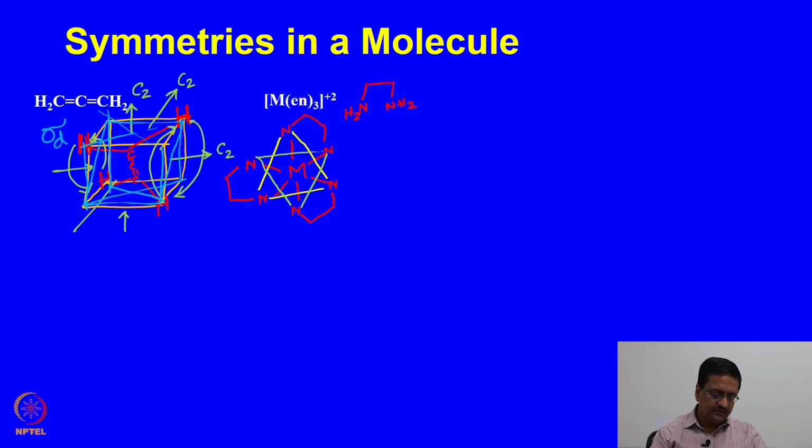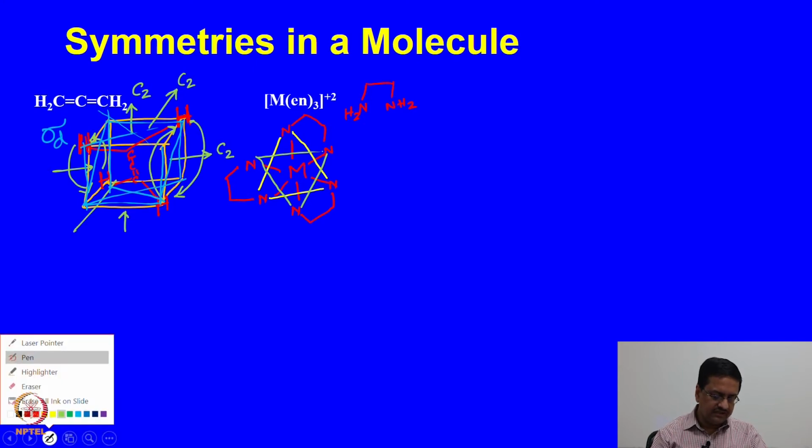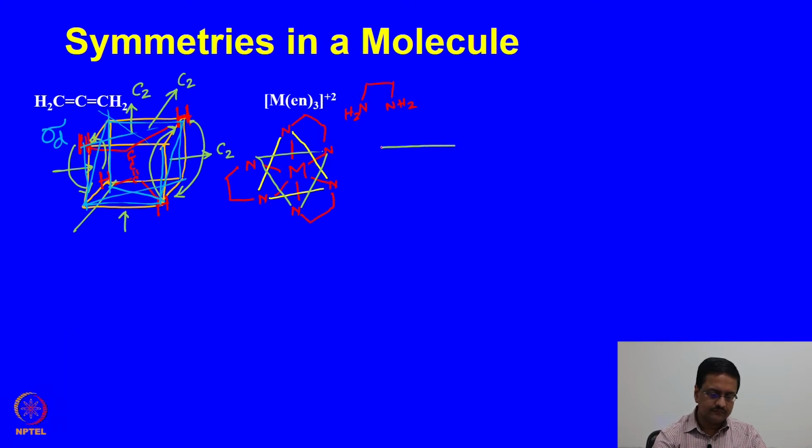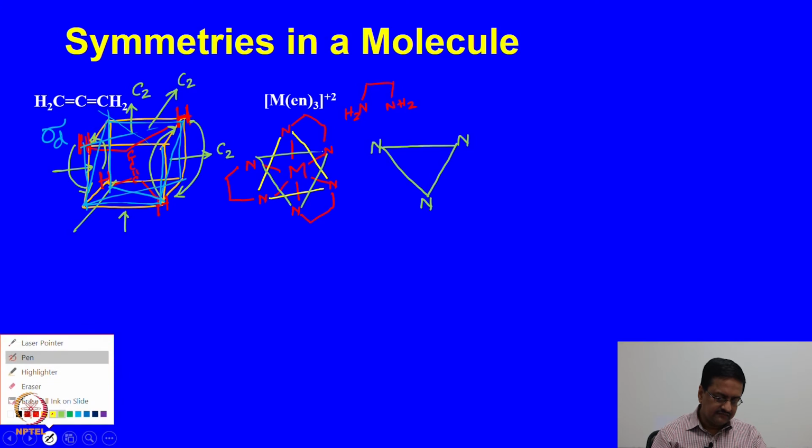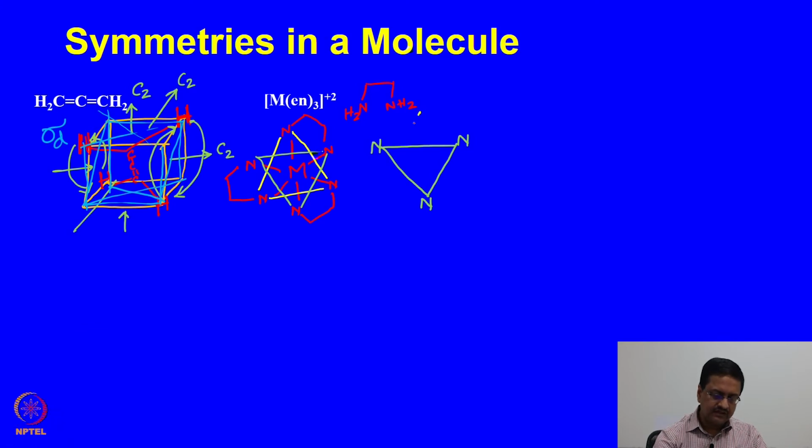So, if we redraw this molecule considering these two triangles, this triangle has 3 nitrogens at the corners, and the other triangle has 3 nitrogens like that.